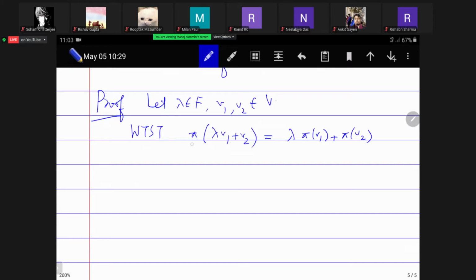So we need to check this. But what is pi of lambda V1 plus V2? This by definition is the equivalence class of lambda V1 plus V2.